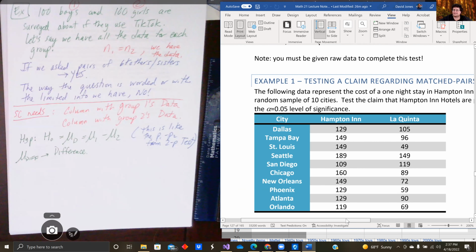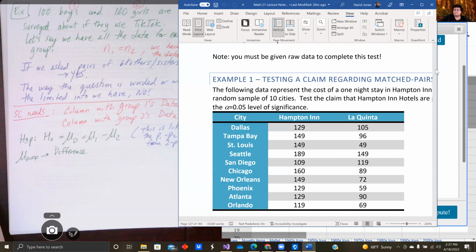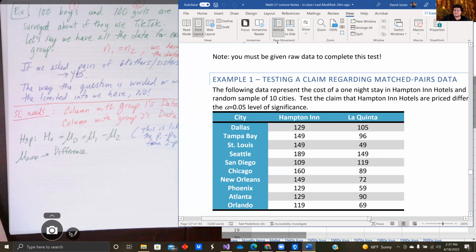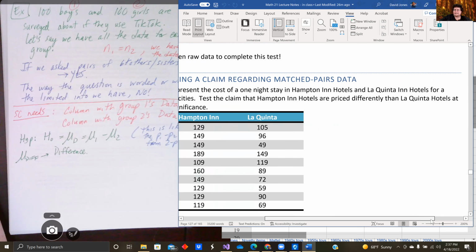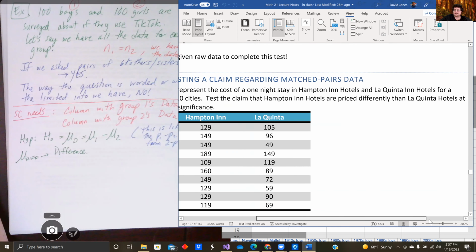So they chose Hampton and La Quinta for this problem, more because they tend to be closer in price than Motel 6 and Hampton, but not always. So let me move that where we can read it a little bit better. Test the claim that the Hampton Inn hotels are priced differently than La Quinta Inn hotels.